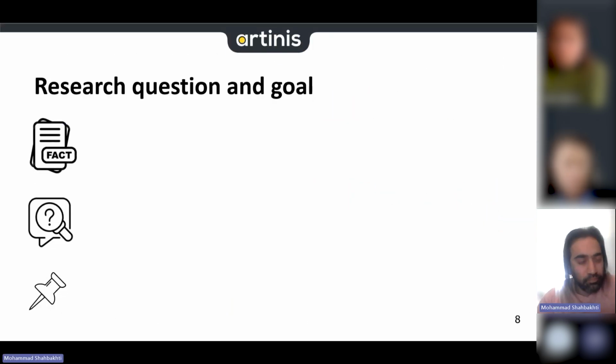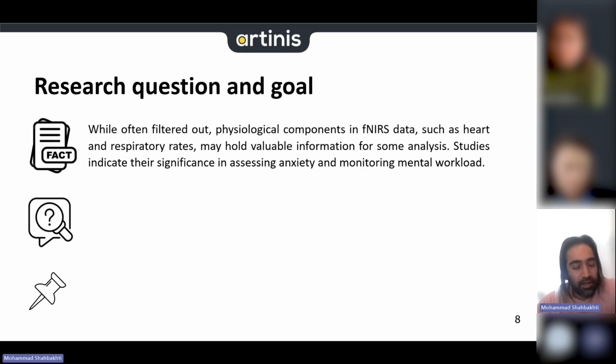Okay. So let's talk about the fact. If we want to get the HRF, as already said, we have to filter those physiological components out of the data. However, they hold valuable information for us. So, for example, we conducted a study about mental workload assessment.